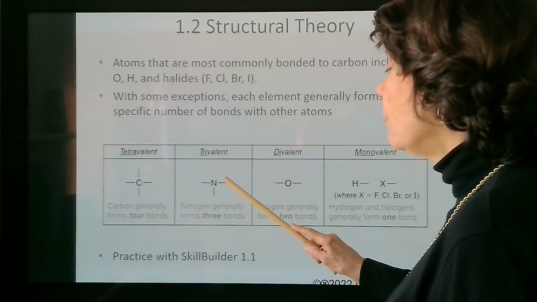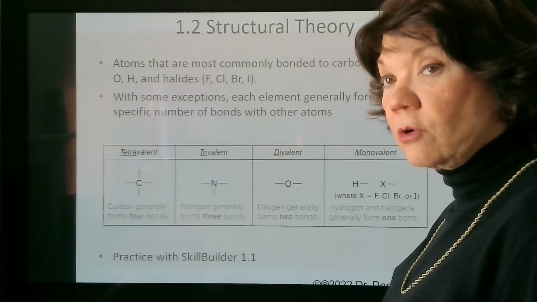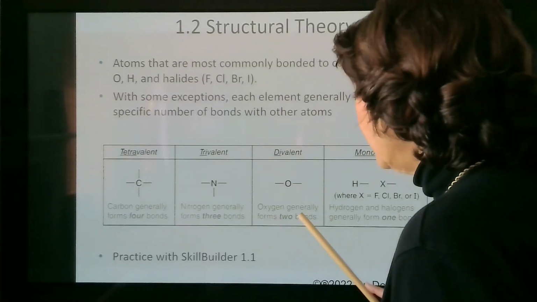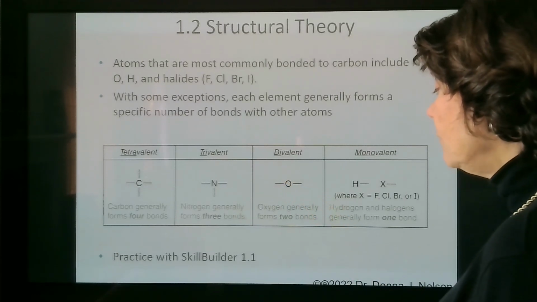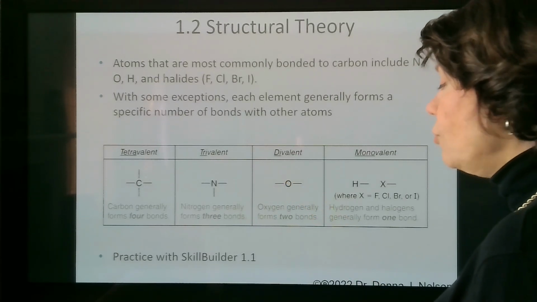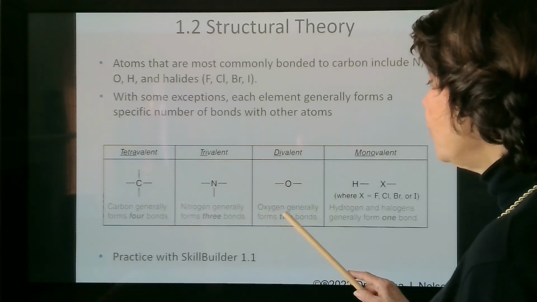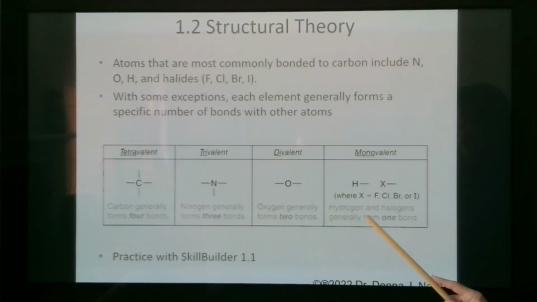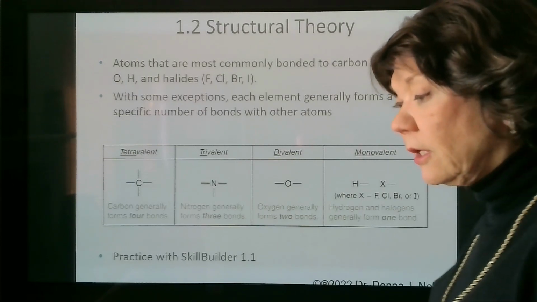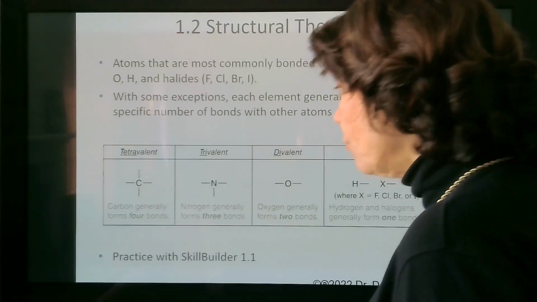Nitrogen forms 3 bonds in neutral organic compounds. Oxygen atoms in neutral compounds, where oxygen is not bearing a charge, form 2 bonds, and the halogens are monovalent, where they generally form 1 bond, certainly in organic compounds that are neutral molecules.